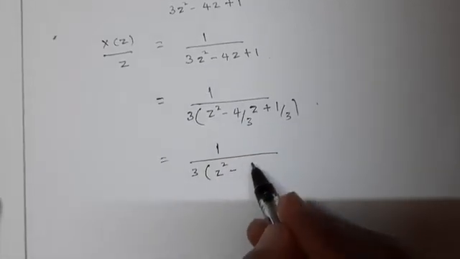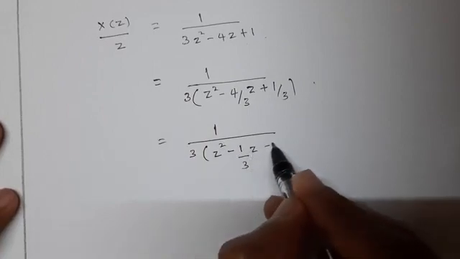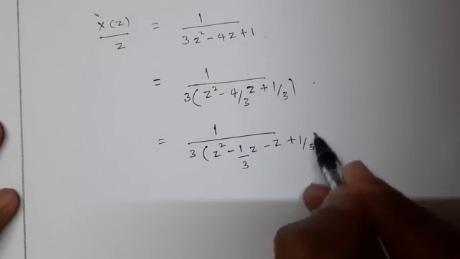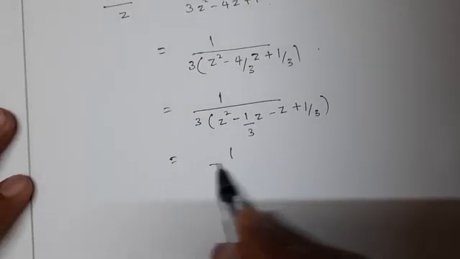So it is minus 1 by 3 z minus z plus 1 by 3.